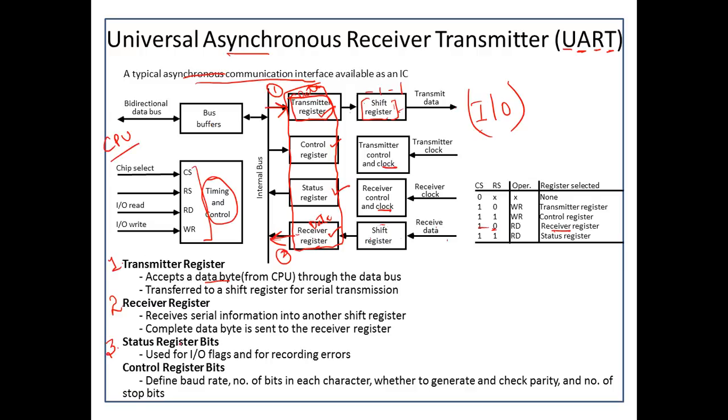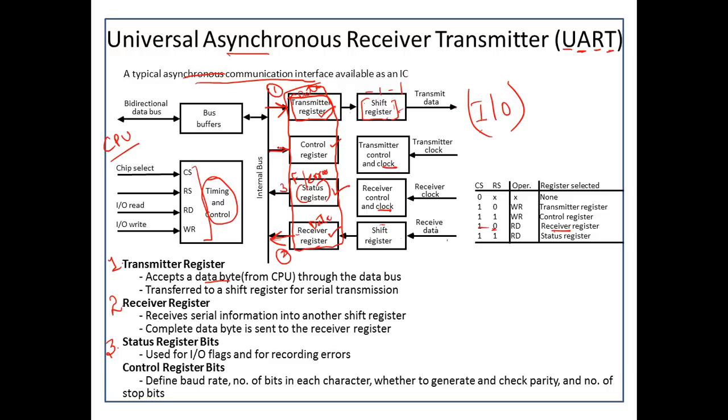Then there is a third one, which is the status register, this one. In the status register we will have the flag bits, such as whether the input output device is available or not available, or whether some sort of error has occurred in communication. All these things will be present here in the status register. Okay.